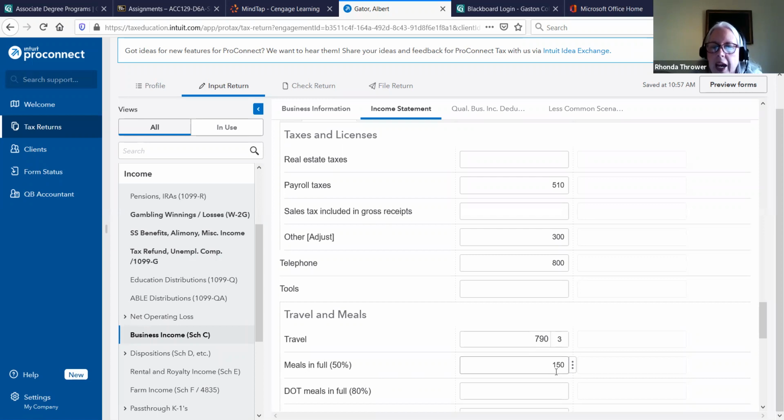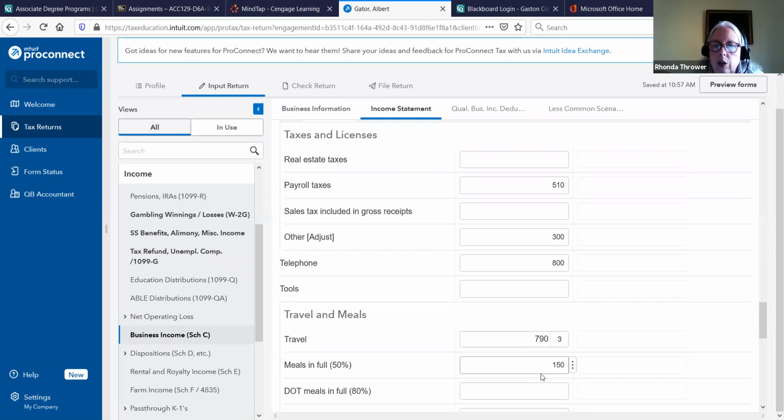If you're doing it manually, you might remember you would have to multiply 150 times 50%, which would give you $75 that you could take. But if you entered 75 here, it's going to mark it wrong because it's going to take half of $75, and that's not what you want to do.